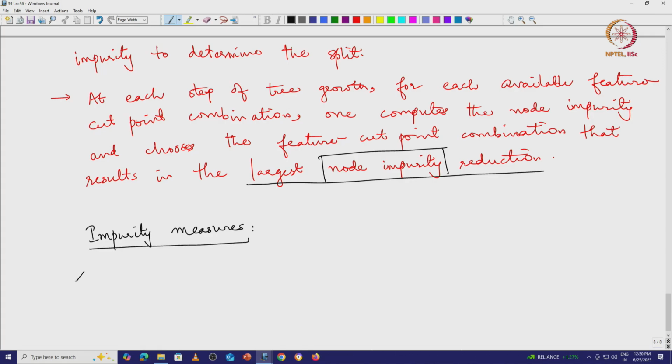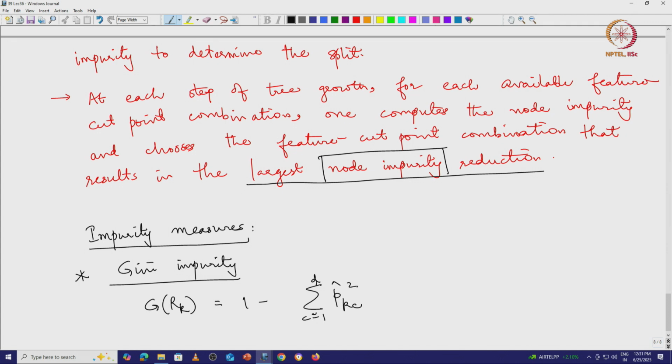One of them is the Gini impurity, and that is defined as G of region Rk is 1 minus the sum over c going from 1 to D, so the sum over all the classes, of p hat kc squared.